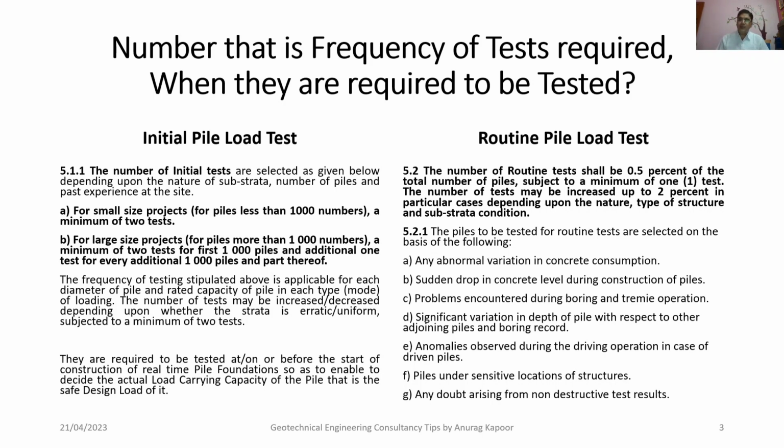C, if we encounter any problems during boring and trimming operations which are unusual for routine construction activities. D, the fourth point, significant variation in depth of pile with respect to other adjoining piles in the boring record. E, the fifth one, anomalies observed during the driving operation in case of driven piles. F, the sixth one, piles under sensitive locations of structures.